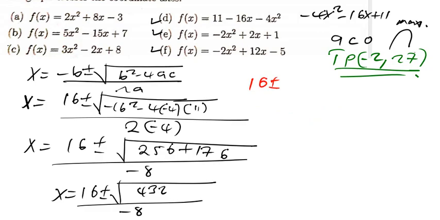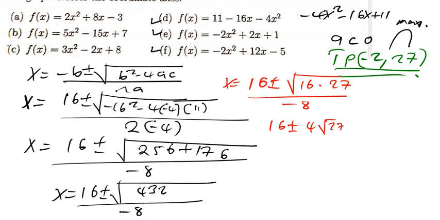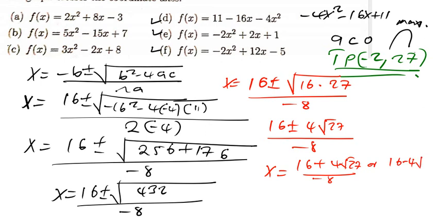16 plus or minus the square root of 16 times 27 over negative 8. So it will be 16 plus or minus, square root of 16 is 4, so it will be 4 root 27. Then divide that by negative 8, of which x will be equal to 16 plus 4 root 27 divided by negative 8, or 16 minus 4 root 27 divided by negative 8.